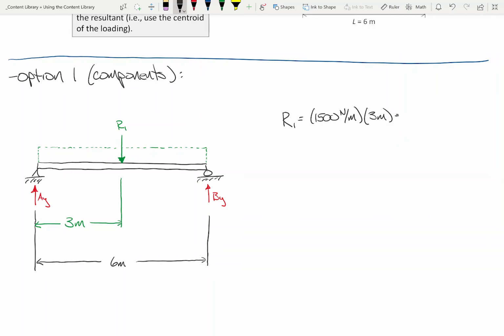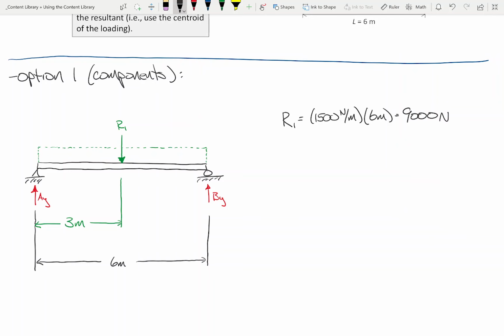Does that make sense? So this is going to be what? 4,500 newtons? Or wait, no. Not over a distance of 3 meters, over a distance of 6 meters. Sorry. That's 9,000.